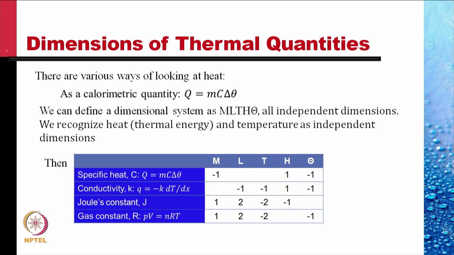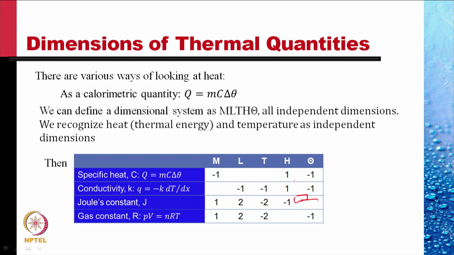In this, the Joule's constant: if we have to equate the work done to the heat transfer dimensionally, then we must introduce a Joule's constant. Q times J is equal to W. And work, W, is M L squared T minus 2 divided by H. So the dimension of Joule's constant would be M 1 L 2 T minus 2 and H minus 1.